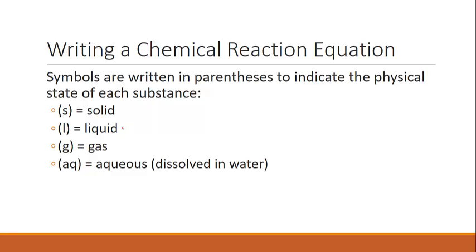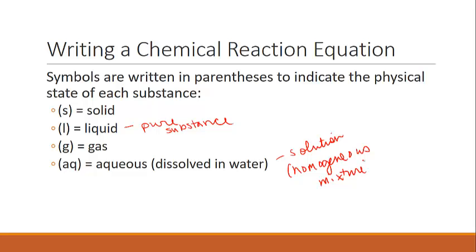We use liquid when we have a pure substance that is in liquid form. And if we have something dissolved in water, remember that that is a solution, or a homogeneous mixture. So if it's dissolved in water, homogeneous mixture.